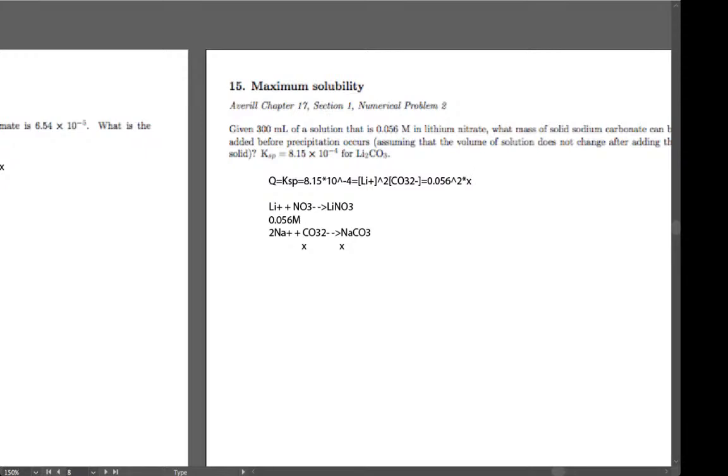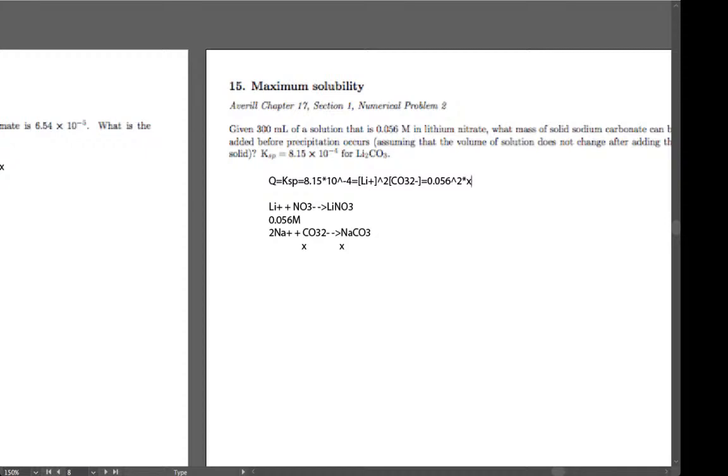So let's do this: 8.15 multiplied by 10 to the power negative 4, divided by 0.056 squared. And that should be your x.